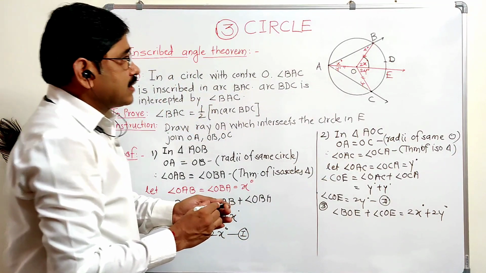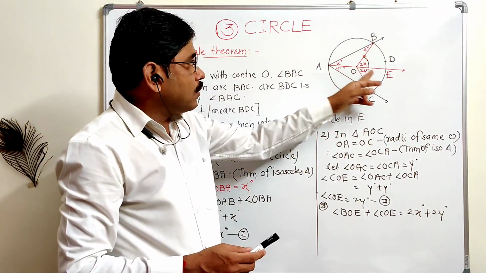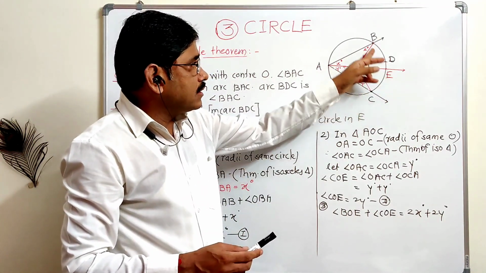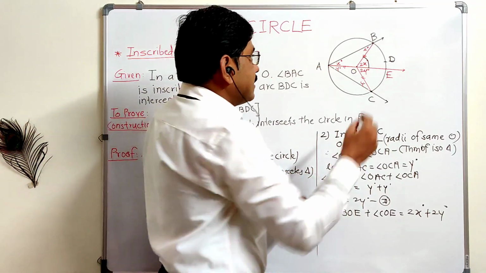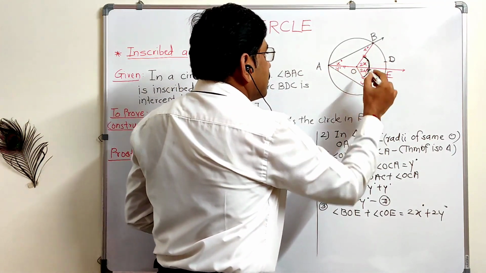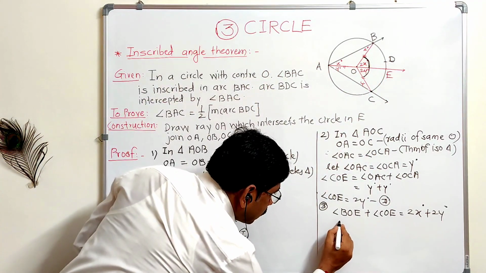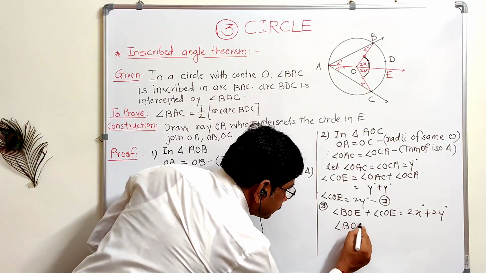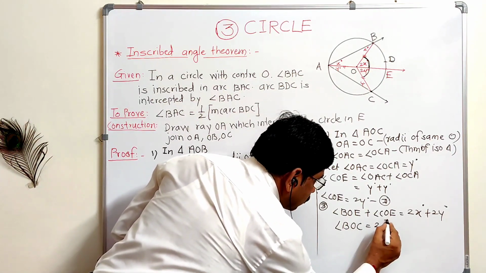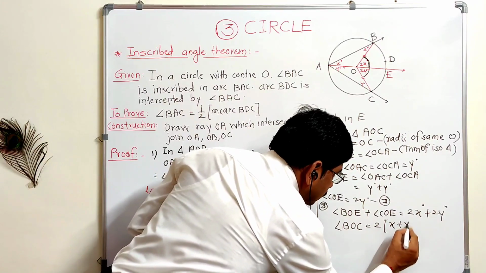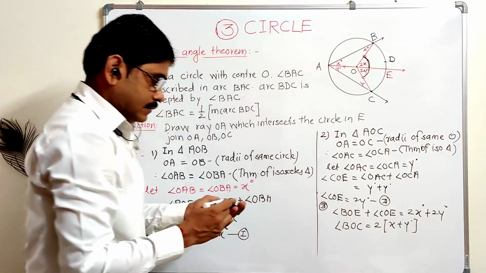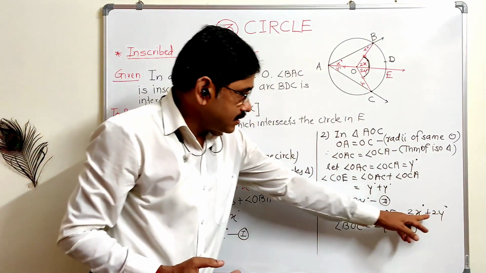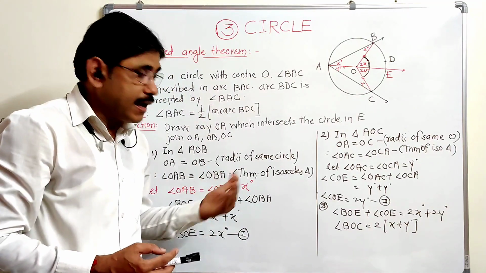But if you observe the figure, this angle BOE plus COE becomes total angle BOC, the central angle BOC. So angle BOC equals 2 into bracket x plus y degree. So 2 taken as common, दोनों में से 2 common निकालो, x plus y degree.